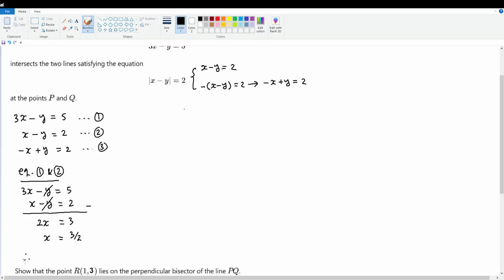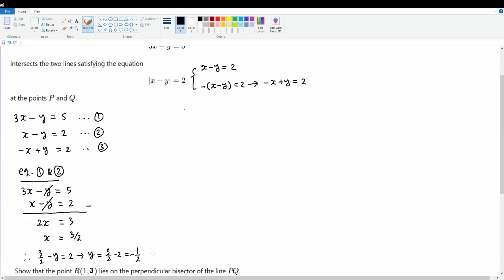To find the variable y, I will use the substitution method, choosing equation 2. Write down here 3 over 2 minus y equals 2, and then we get y equals 3 over 2 minus 2, that is minus 1 over 2.